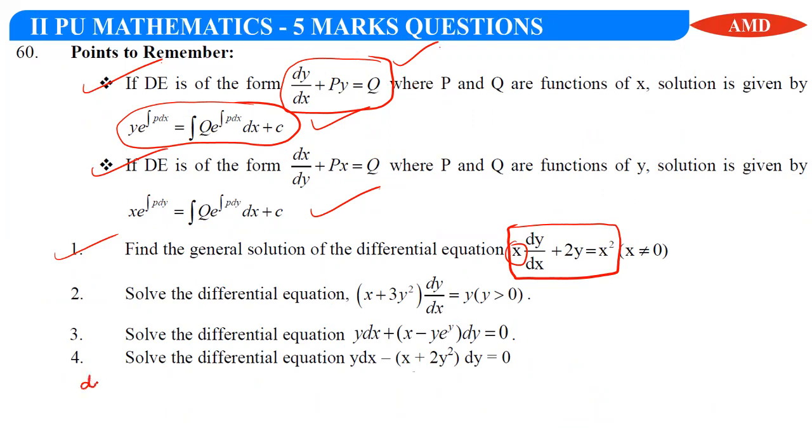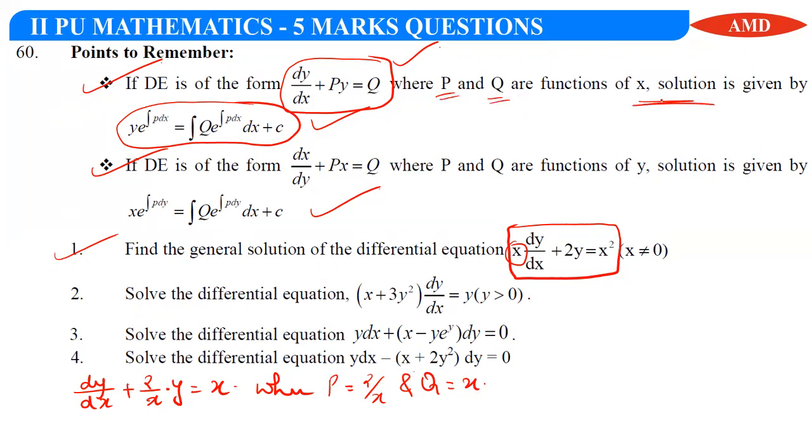I get dy by dx plus 2 by x into y is equal to x, where p is equal to 2 by x and q is equal to x. Here it is said that p and q must be functions of x alone. So are they functions of x alone here? Yes.